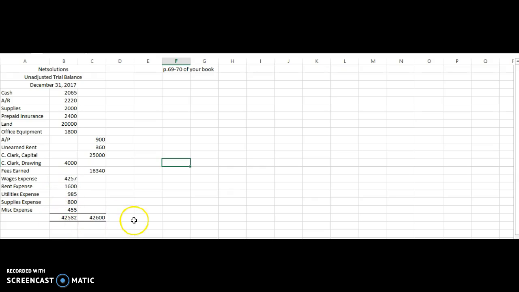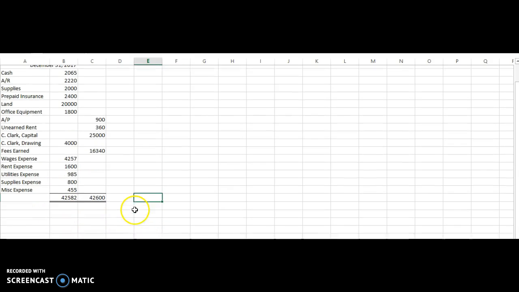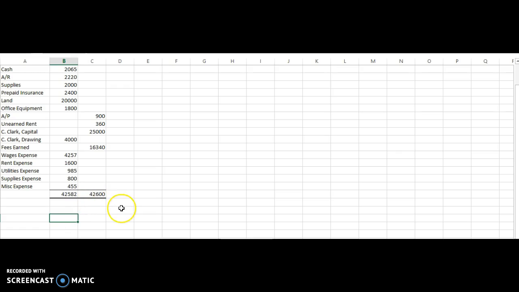So if you don't balance, the first thing you want to do is figure out what the difference is. So I'm going to take the 4260 minus the 42,582, and I'm off by $18. Okay? Now, if it is divisible by 9, you probably did what's called a transposition error, or you did a slide error.